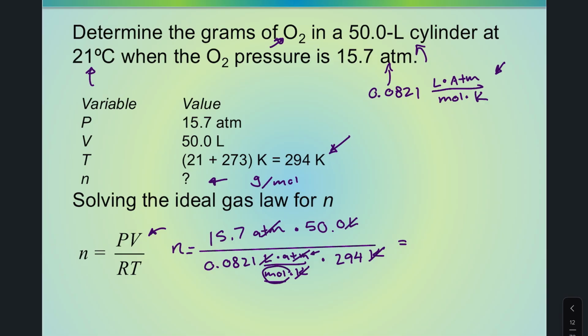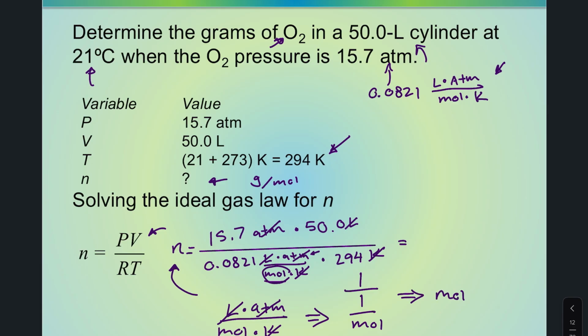The only thing left is moles, but it's 1 over moles. To get that 1 away, we can say 1 divided by 1 divided by moles. This is going to give us moles, which is exactly the units that we're looking for.